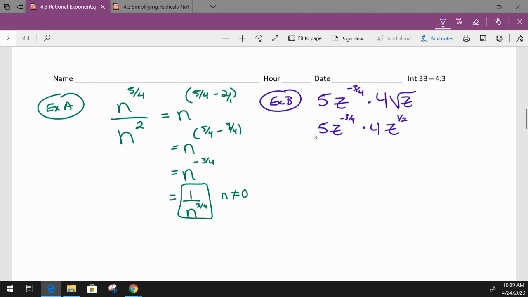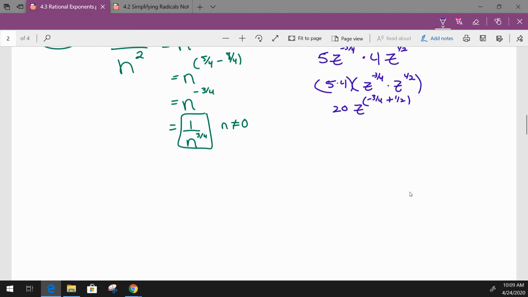So now the numbers in front, your coefficients of 5 and 4, can be multiplied. So 5 times 4 will be 20. But then when you take z to the negative 3/4 times z to the 1/2, you're going to have to add these exponents. So you're going to have z to the negative 3/4 plus 1/2. All right, so now we have to again get a common denominator.